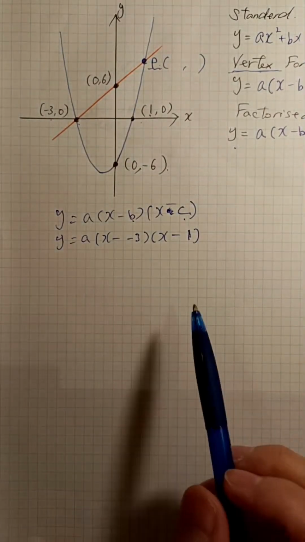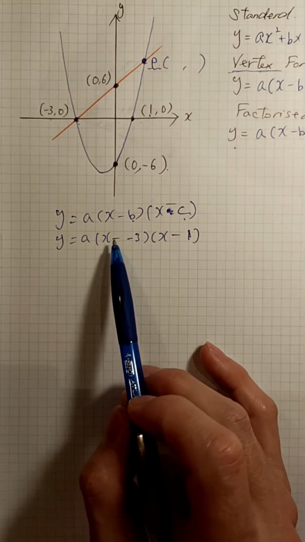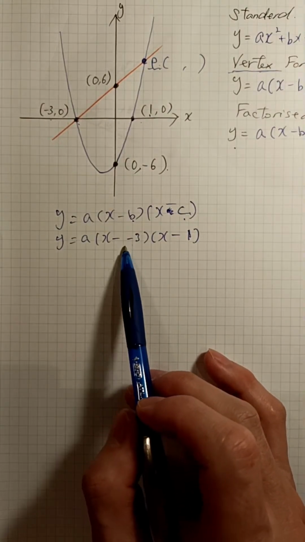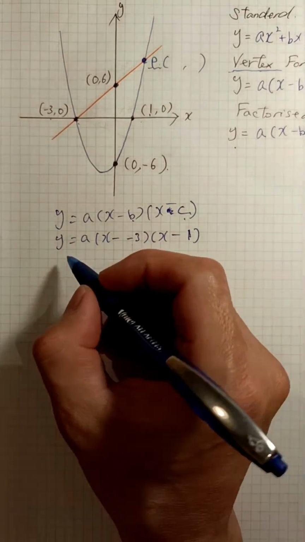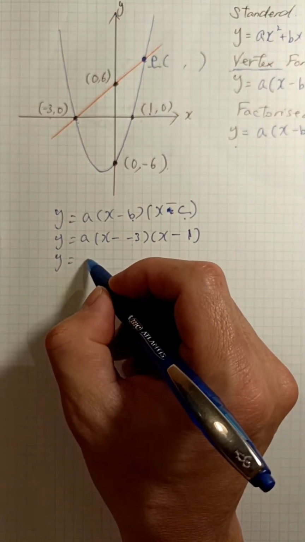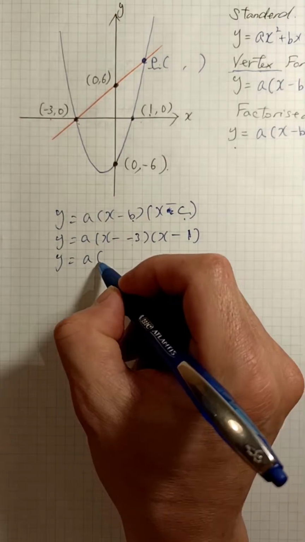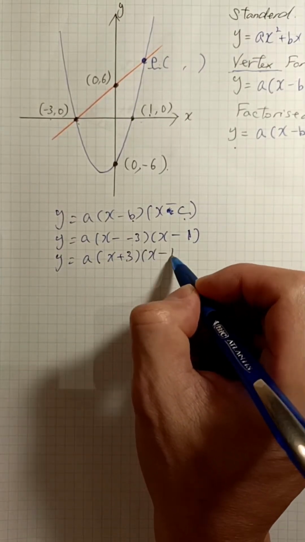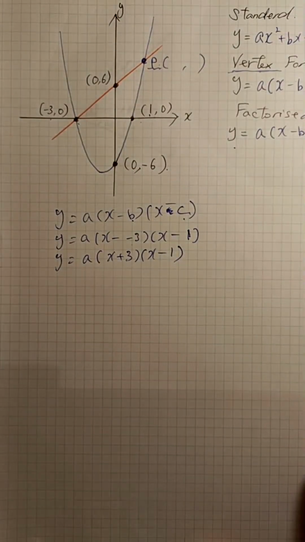You have to be a little bit careful. If you see negatives next to each other, what's going to happen? This is going to be positive, isn't it? So y equal a bracket x plus 3, x minus 1, okay?